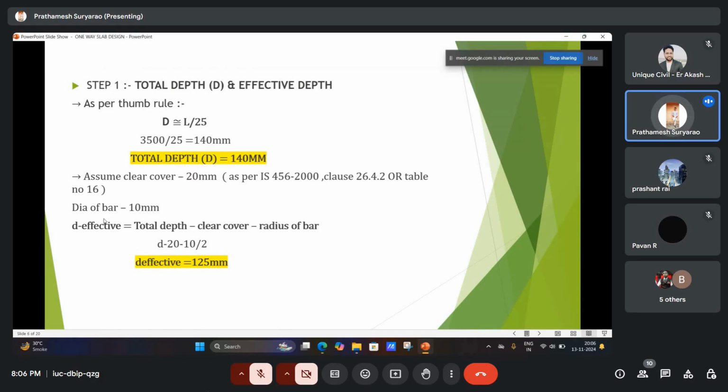We will consider a bar diameter of 10 mm. So to get effective depth, there is a formula: total depth minus clear cover minus radius of the bar. So 140 minus 20 minus half of the bar, 10 upon 2. So effective depth will be 125. So this is the effective depth.